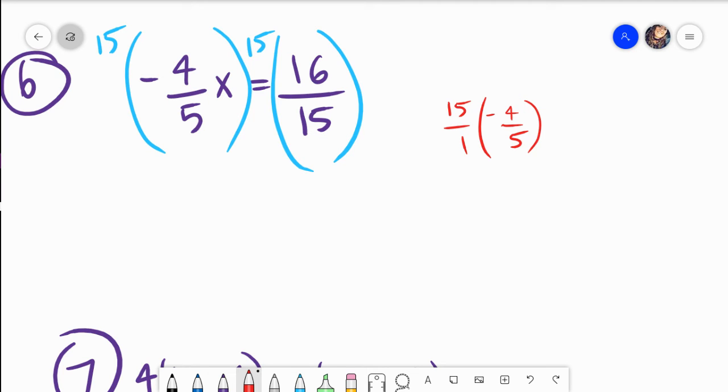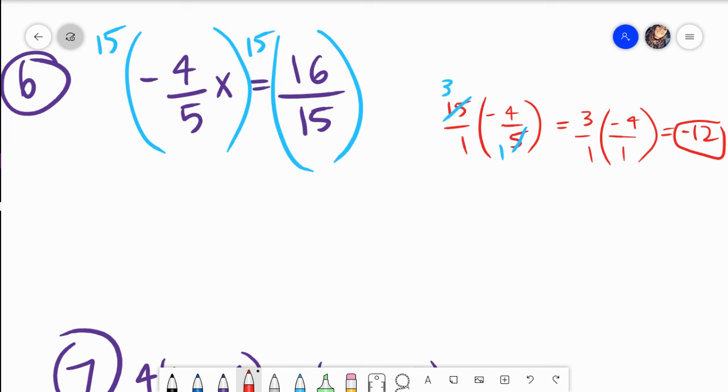That 15 can be written over 1, right? Now do you see I've got a 5 on the bottom and a 15 on the top? 5 divides 5 one time. 5 divides 15 3 times. What I get is 3 times a negative 4. Both of those are over 1. So I get a negative 12.